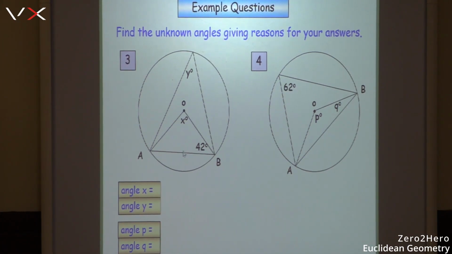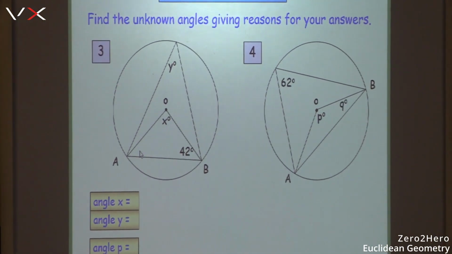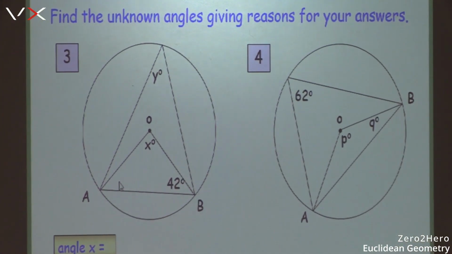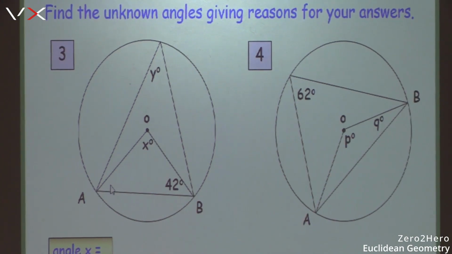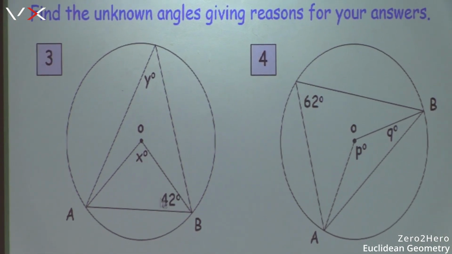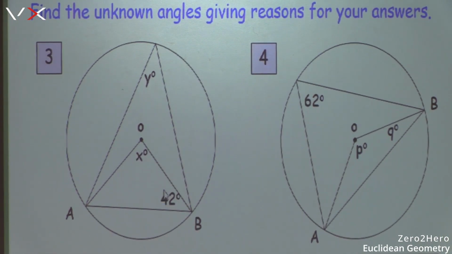So if this is 42, this angle hidden here will be 42. And I know that the sum of interior angles of a triangle is 180 degrees. If this one is 42 and this one is 42, I can find x, because x plus 42 plus 42 gives me 180, and eventually I will find x to be 96. I've used the isosceles triangle and the sum of interior angles of a triangle.